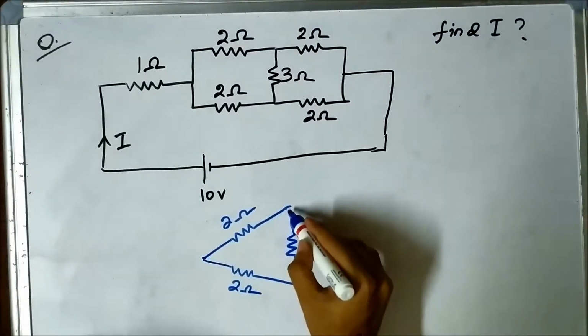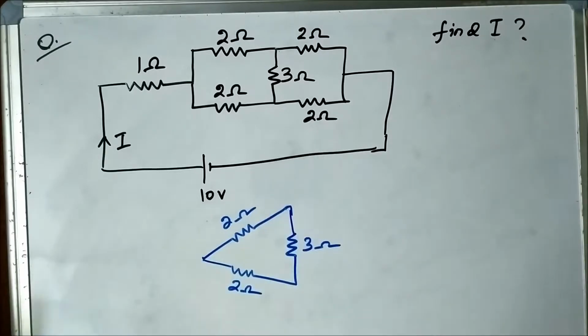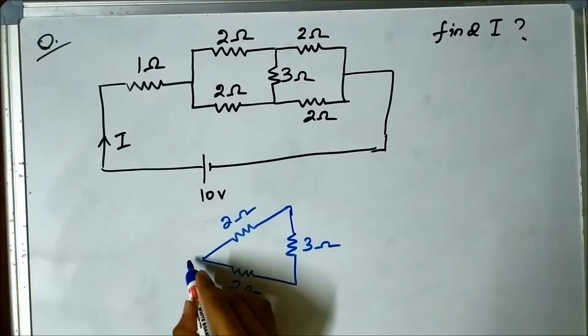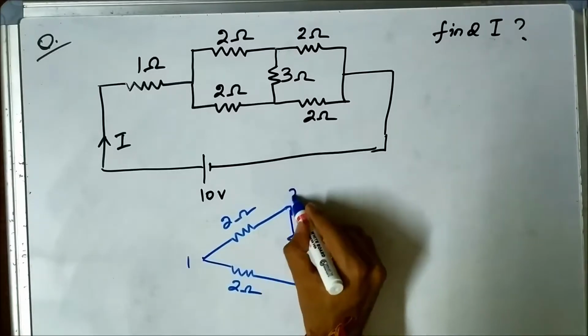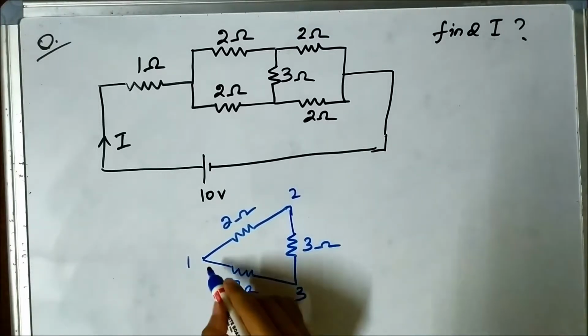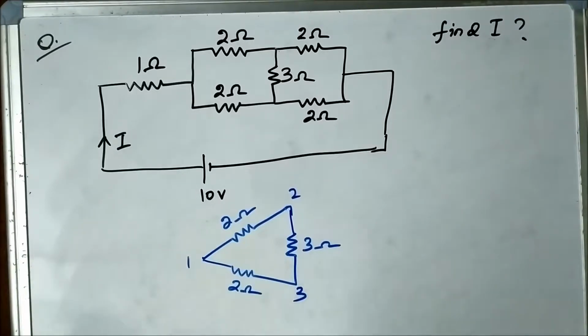Now it is converted into a proper delta shape. Let us name these points 1, 2 and 3. Now we will try to find its equivalent star shaped structure.